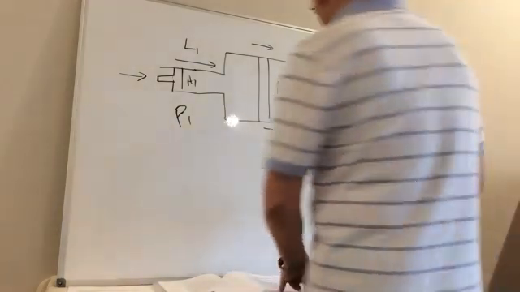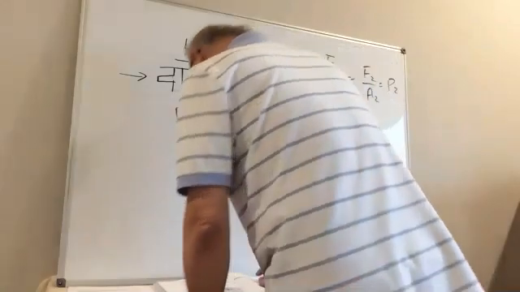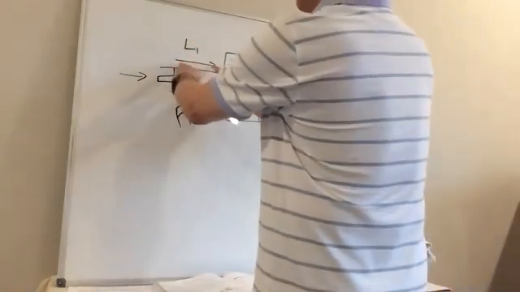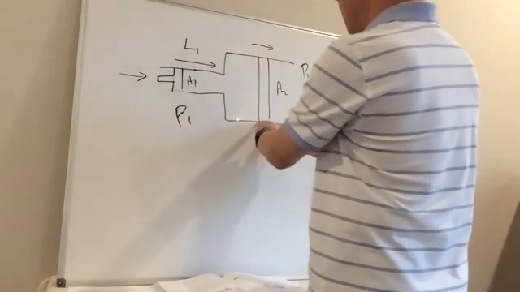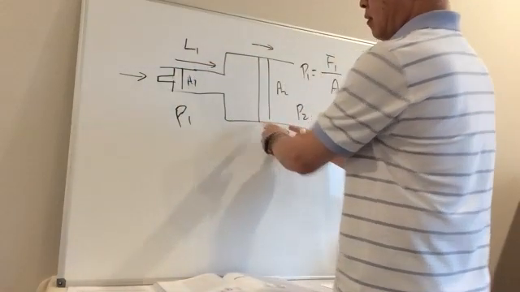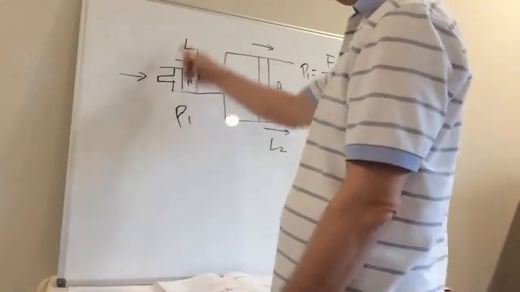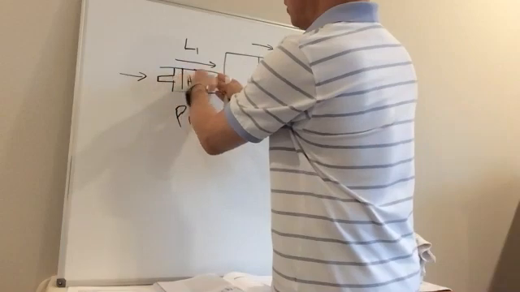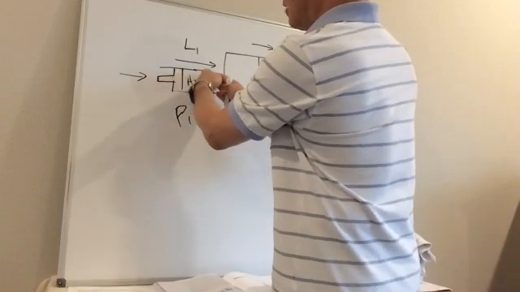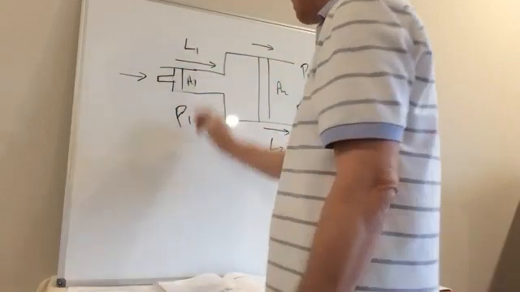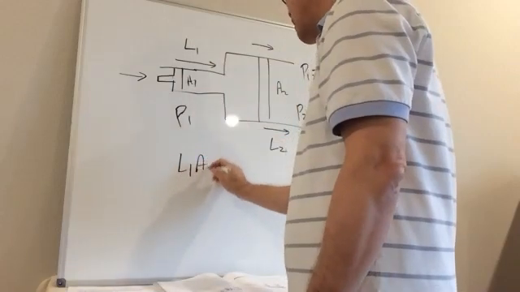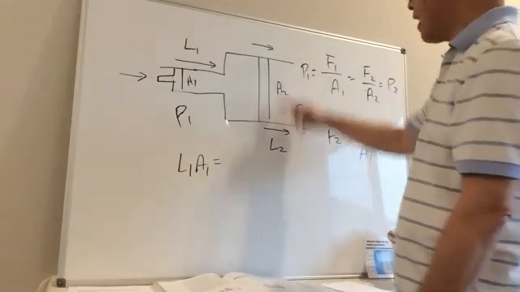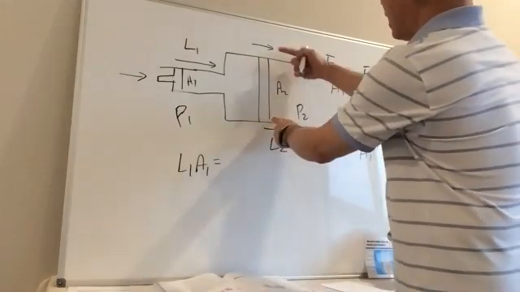If you flip the page, it's going to tell you that the volume you displaced here is going to be the same as the volume you displaced over here. If you look at that cylinder here, the amount of fluid that you moved over here is going to be L1 times A1, and that's going to be the same as L2 times A2 over here.